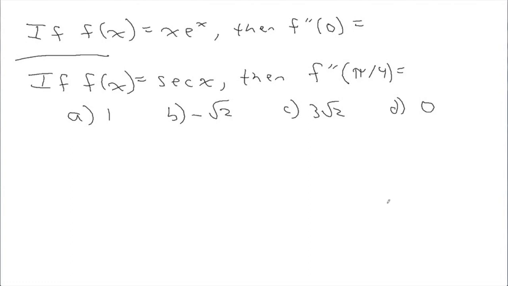Which choice would you pick? Well, it's most likely C, but let me double check. Secant square root of 3, secant 2. Yeah, C. Because you confirmed that that's really 4.24. Good. Okay, good. All right.